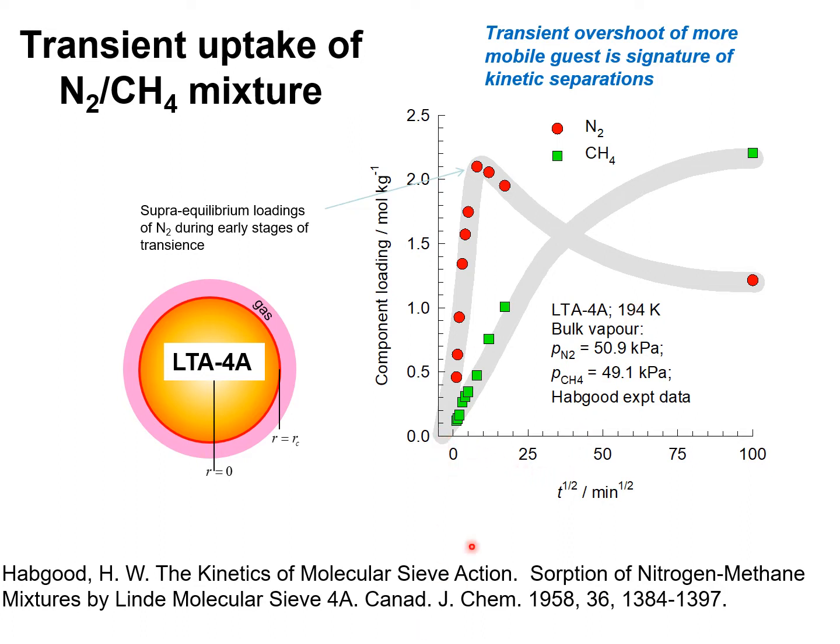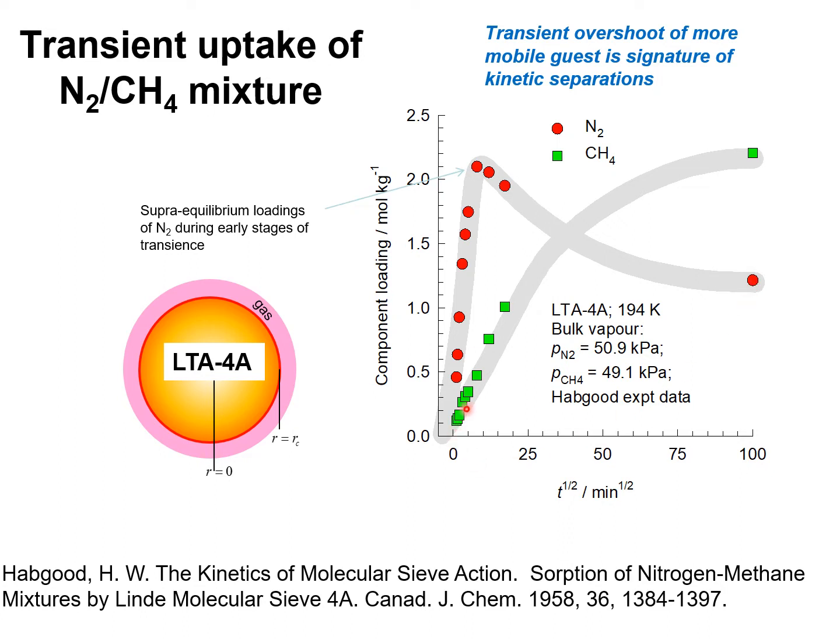The data is remarkable in that it shows that the nitrogen uptake has an overshoot in the molar loading, and the value of the peak is about 2.2 moles per kilogram, significantly higher than the value at equilibrium, which is 1.2 moles per kilogram.